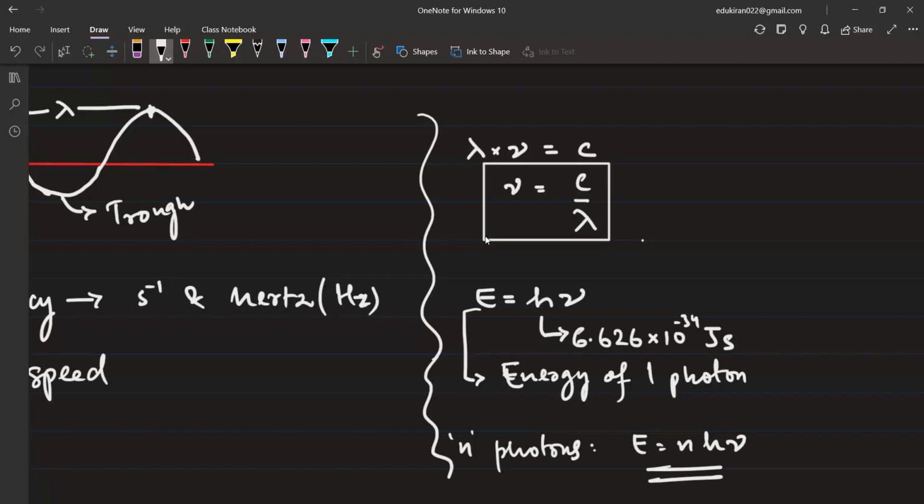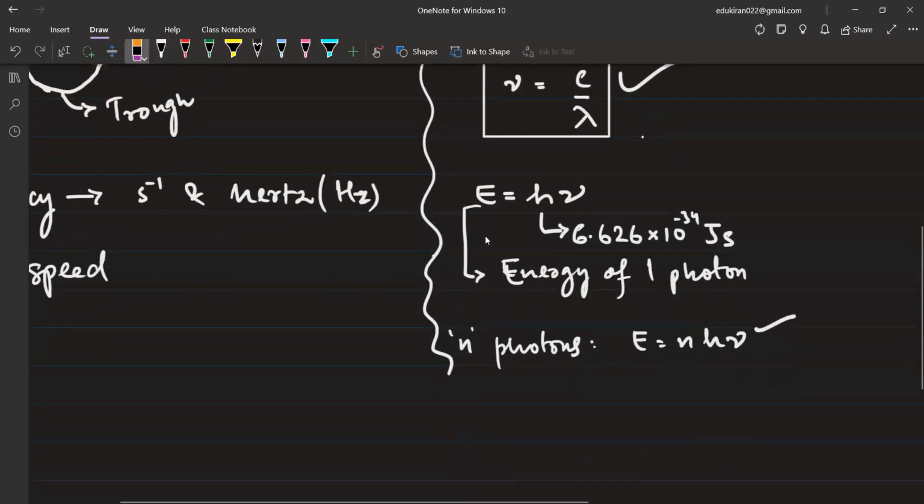Is this clear till here? Yes or no? Please tell me. Ilham and Zuha? Yes, sir. Okay. So please note down this formula: E is equal to N h nu. And for that, you can also write E is equal to N h C upon lambda.